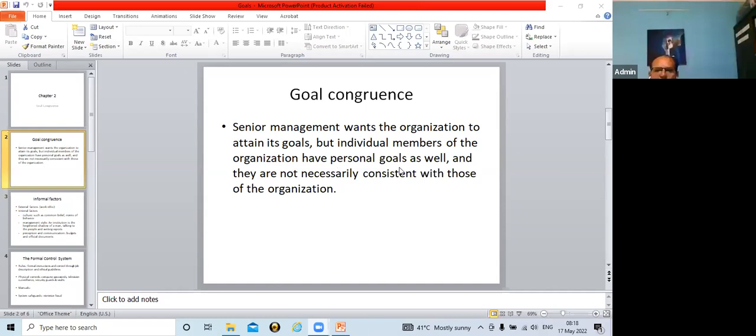And there are goals of organization. Now, organization goal and personal goal, naturally, may not be the same.